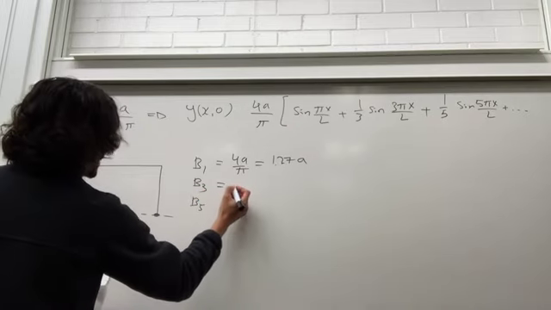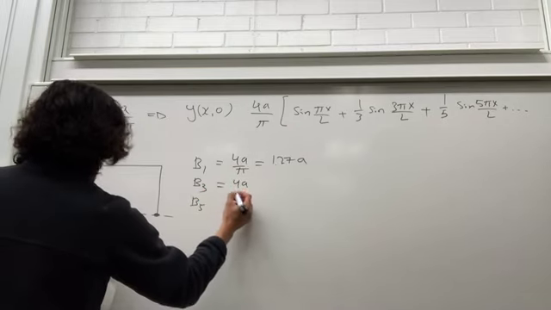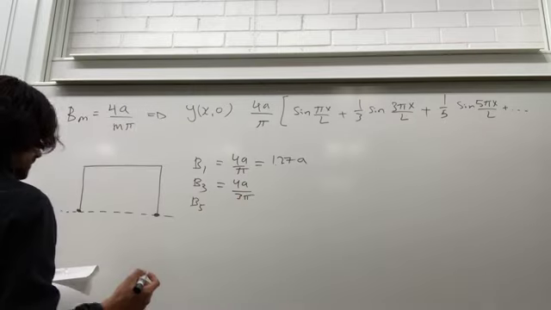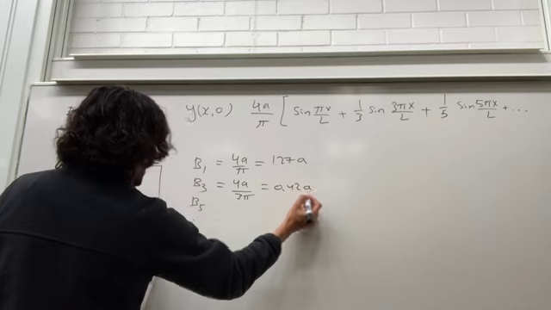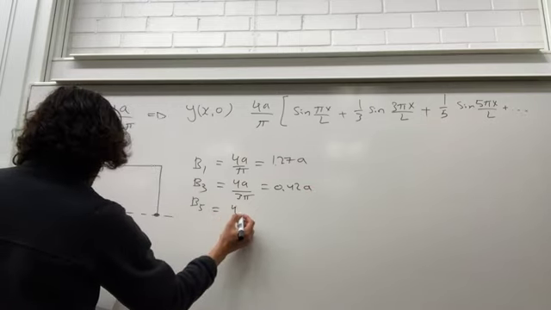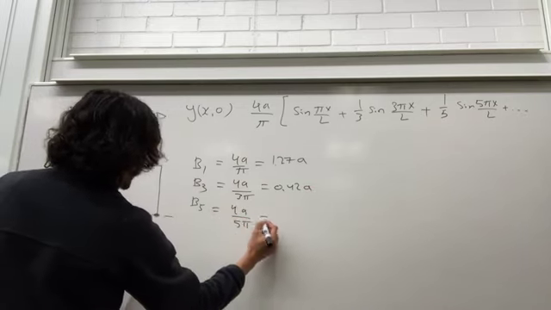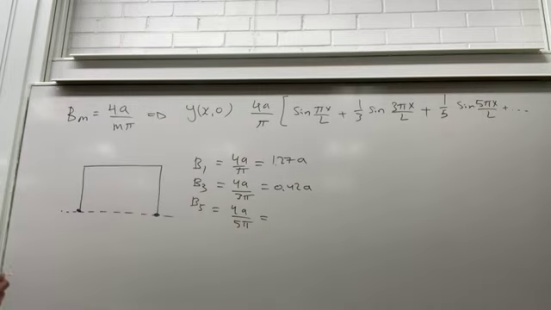B3 would be 4a over 3 pi, that is 0.42a. B5 is 4a over 5 pi, okay, and so on.